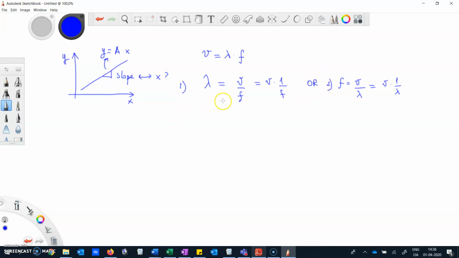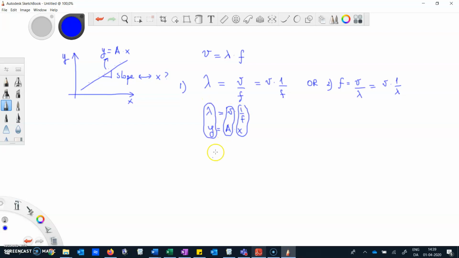Now in case 1, you recognize that the expression becomes lambda equal v times 1 over f. So if we now compare mechanically to this expression over here, we see that v is going to be our slope, 1 over f is our x, and lambda is our y.